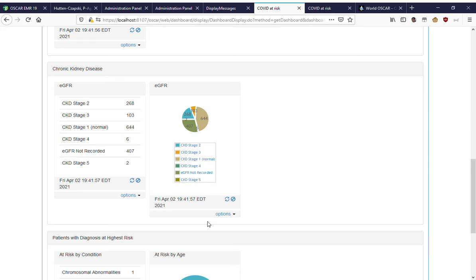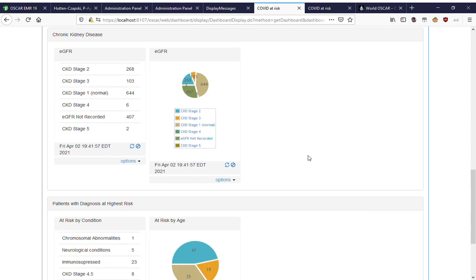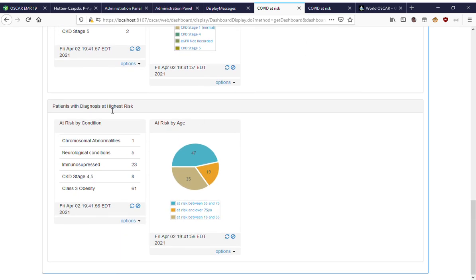And one of them is to check them all off and assign a disease registry code to them so that they can be picked up in your summative table where it talks about patients with diseases at highest risk.